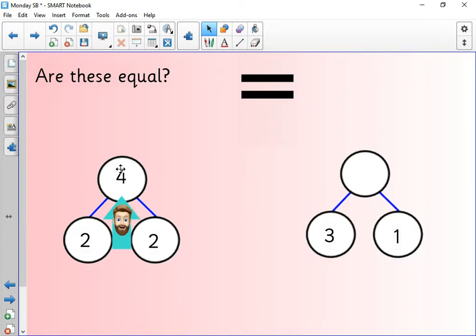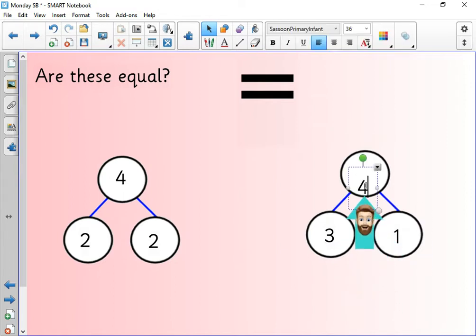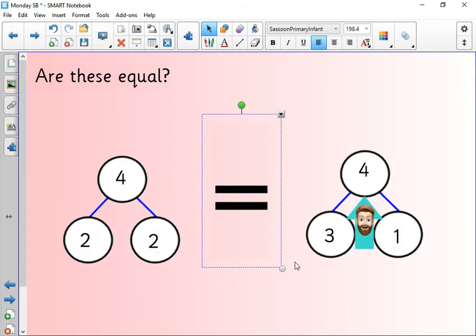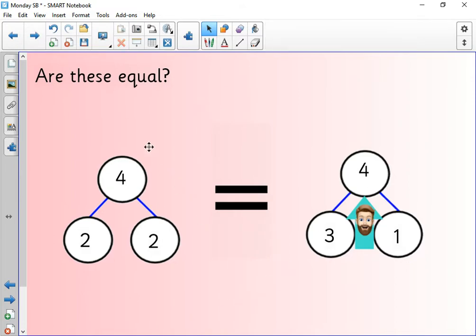Well done. 3 add 1 equals, shout out for me. That's right, 4. So they are equal. Different numbers, but they're both 4.